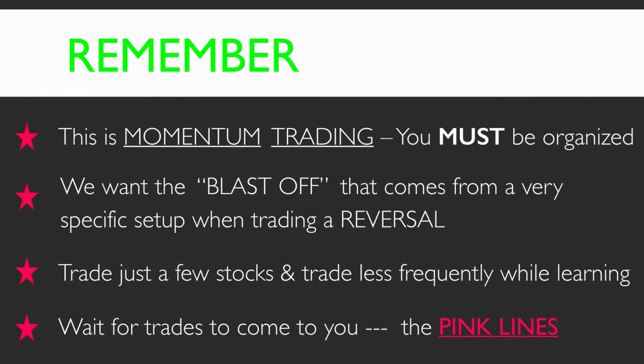And then trade just a few stocks at first and trade less frequently. You're going to be amazed if you shorten your watch list down. You'll notice that my watch list never has more than 18 names in it. And very often I'm only trading or looking at about 4 of them. You're going to find that the more you focus in on a shorter list, the more you learn and the faster you learn it, because you're actually paying attention to something.